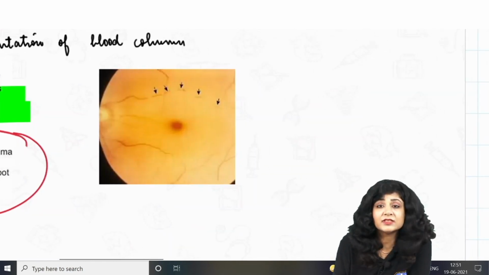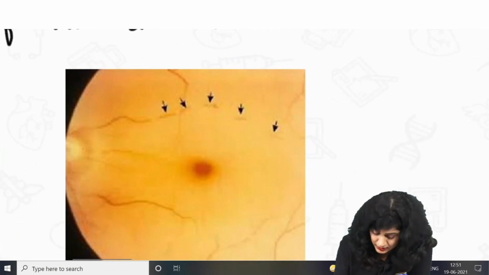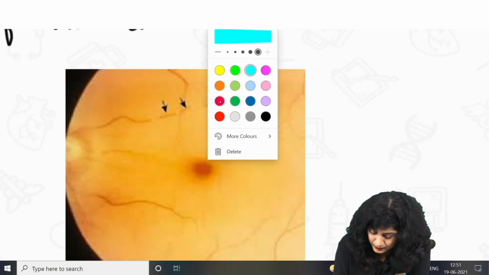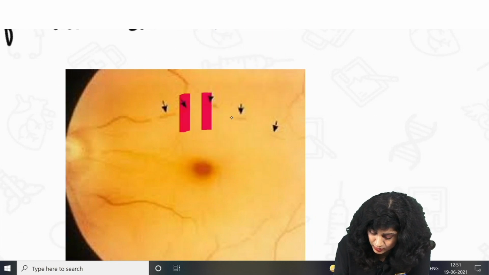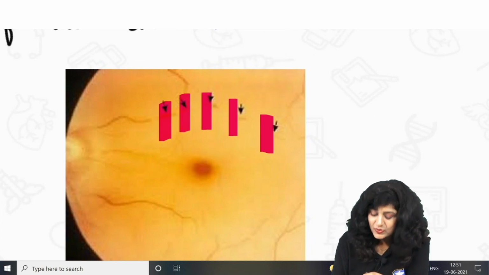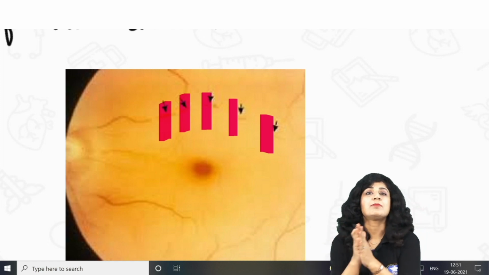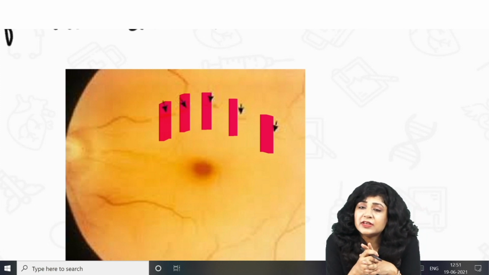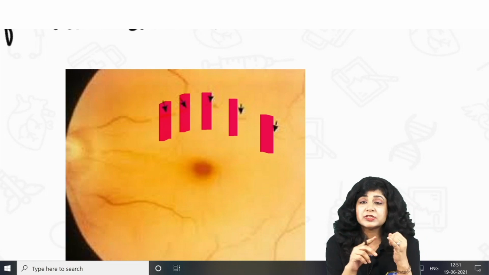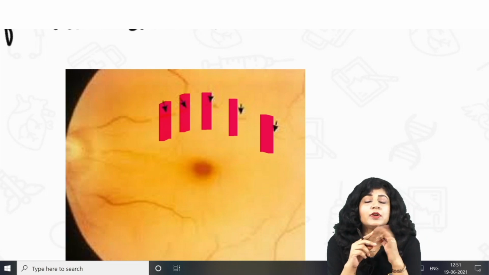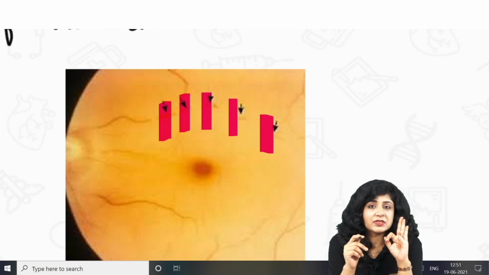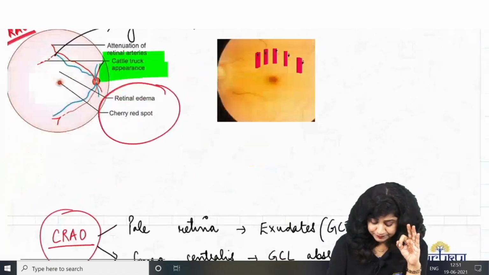Can you see this? Is it visible, guys? I'll make it red for you. You can see this small segment; this is called the cattle track appearance. This is the segmentation of the blood column found due to central retinal arteriolar occlusion. So C for CRAO, C for cherry red spot, and C for cattle track appearance. These three are very important things. Alright.